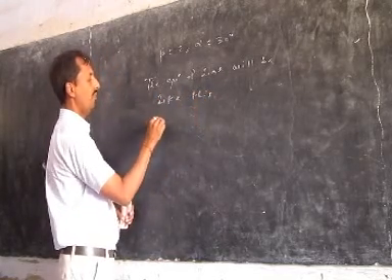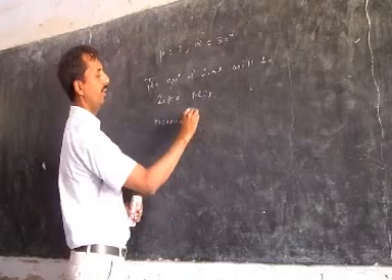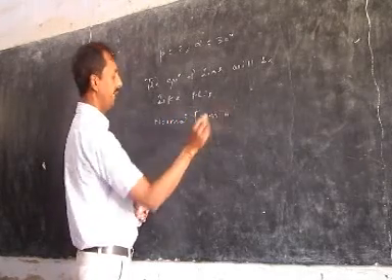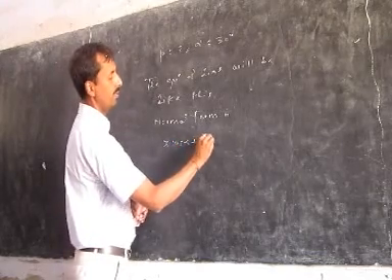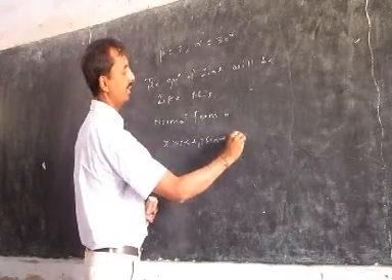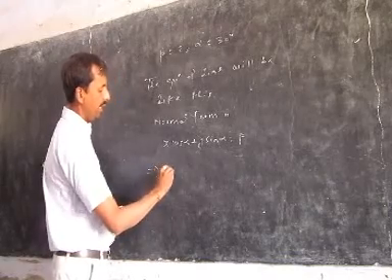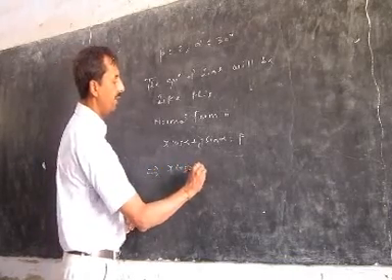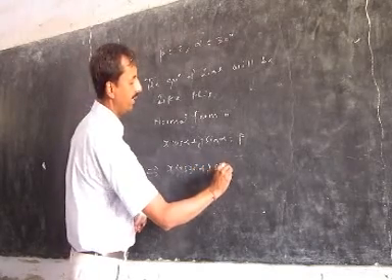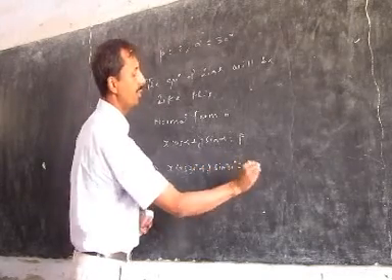The normal form is x cos alpha plus y sin alpha is equal to P. Here x cos 30 degrees plus y sin 30 degrees is equal to 2.